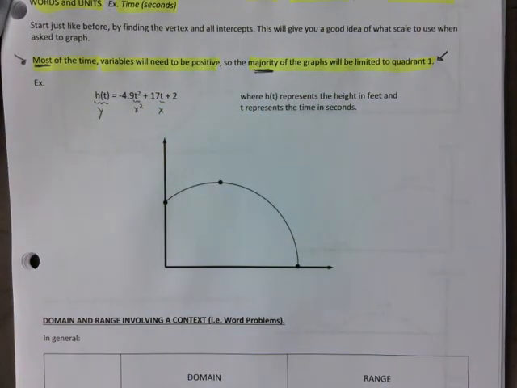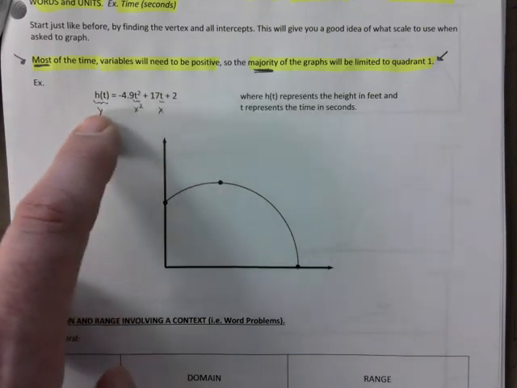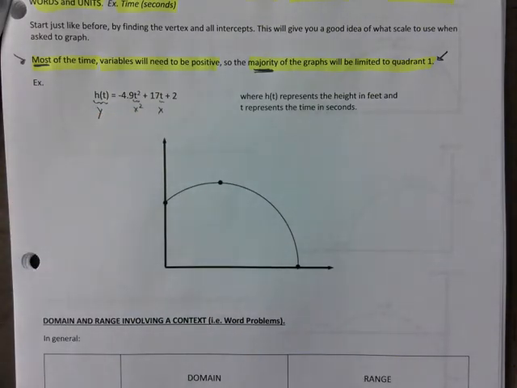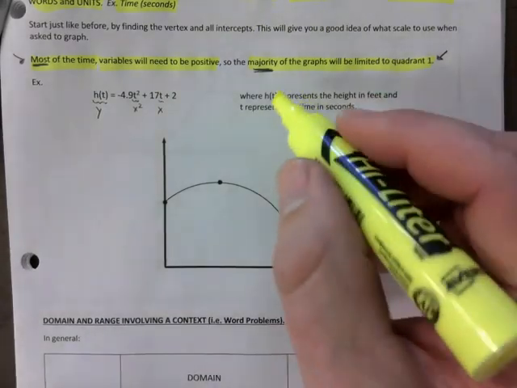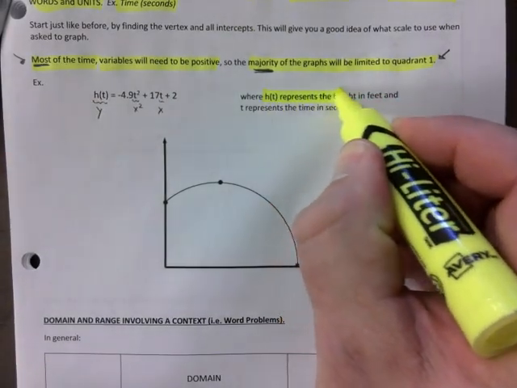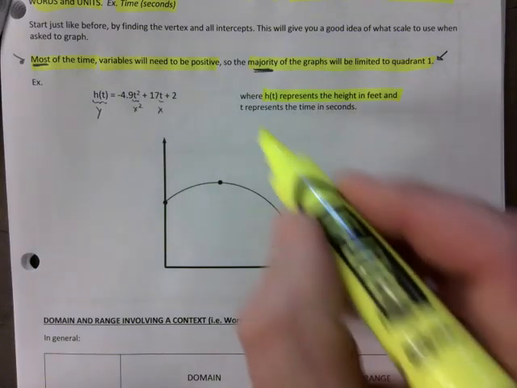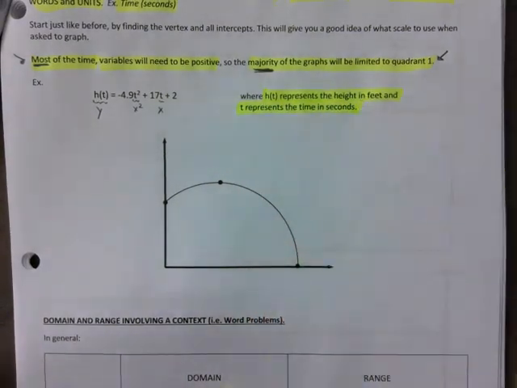So nothing changes. It's still a quadratic. But every time you are given one that has letters other than x and y, or a formula in general, an equation in general, it will tell you what it represents. So in this case, I tell you that h of t represents the height in feet, and t represents the time in seconds.